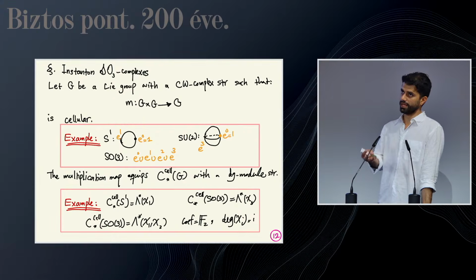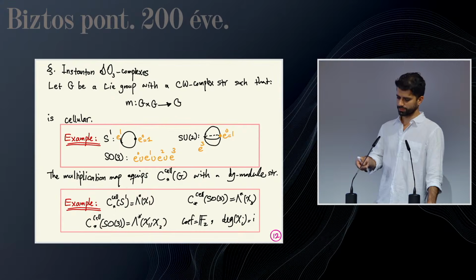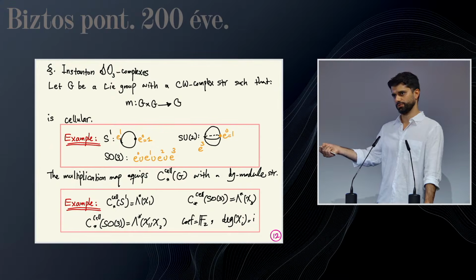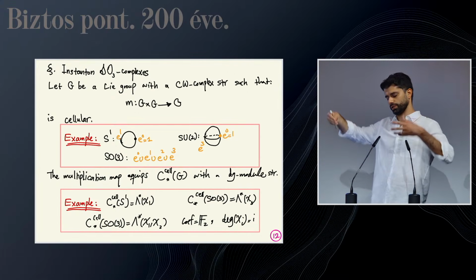You would like to classify such DG modules with respect to the kind of morphisms that you would get from homology cobordisms, which induce a DG module homomorphism in a way that the reducible goes to the reducible on the cobordism.